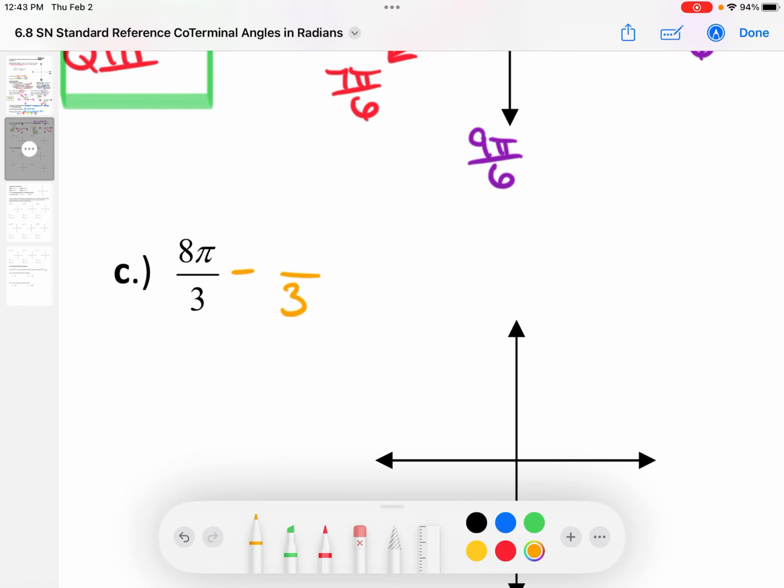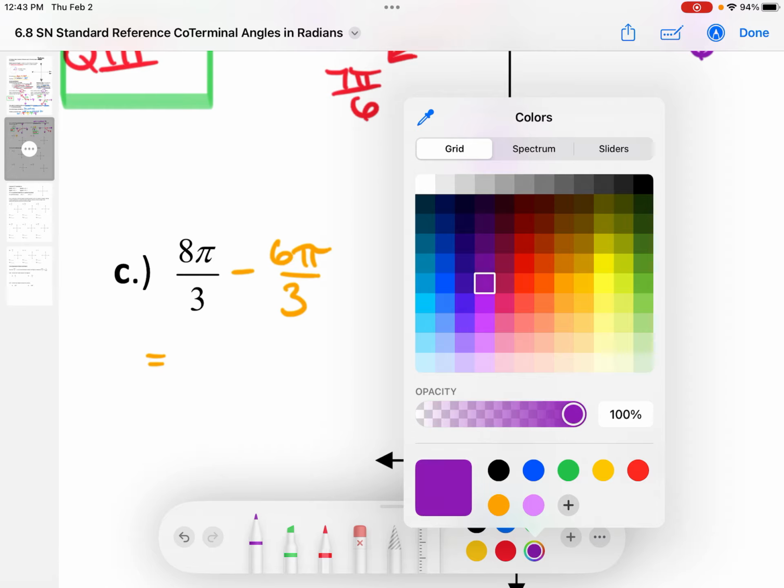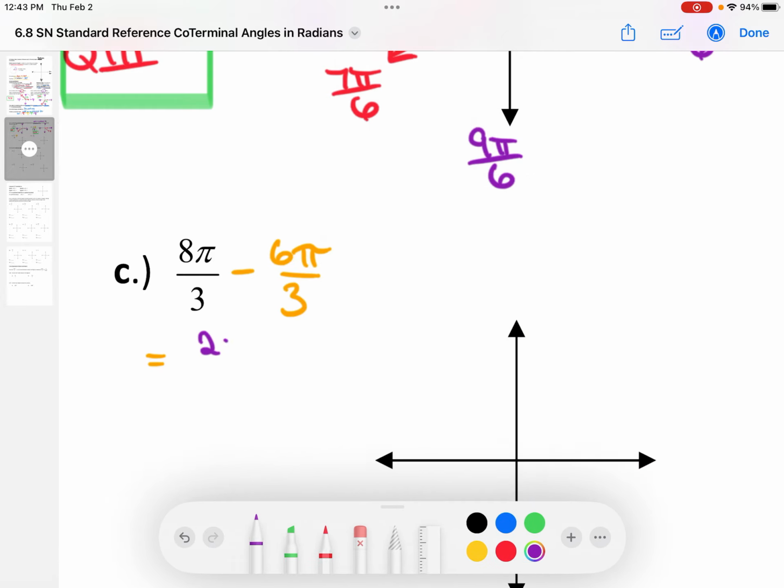Needs a denominator of 3, so that needs to be 6 pi over 3, because that's what reduces to 2 pi. So 8 pi over 3 minus 6 pi over 3 is going to give us 2 pi over 3. So 2 pi over 3 is actually the coterminal angle.